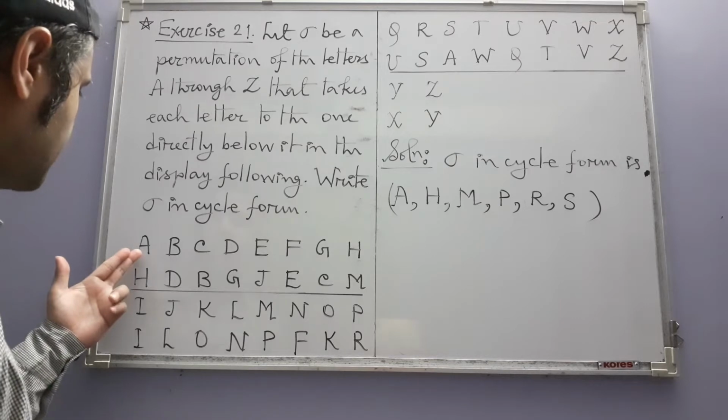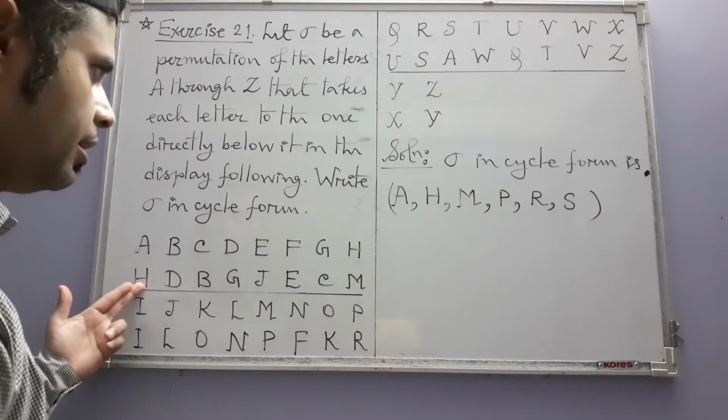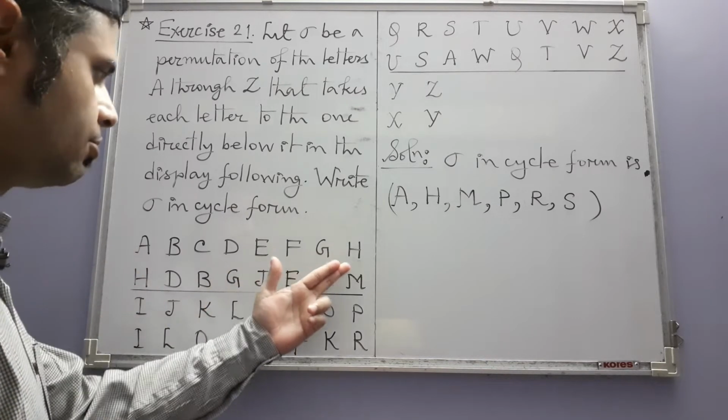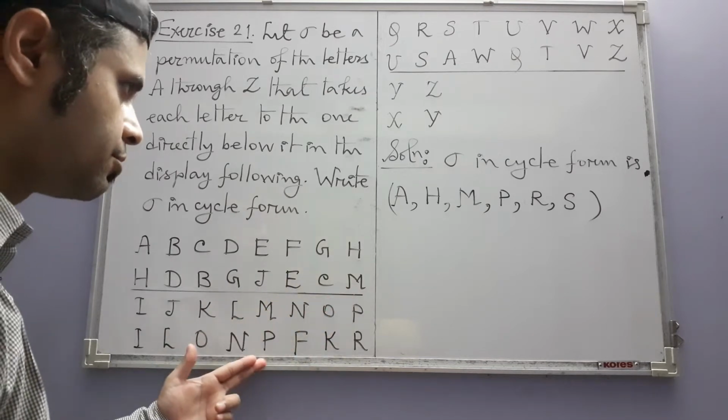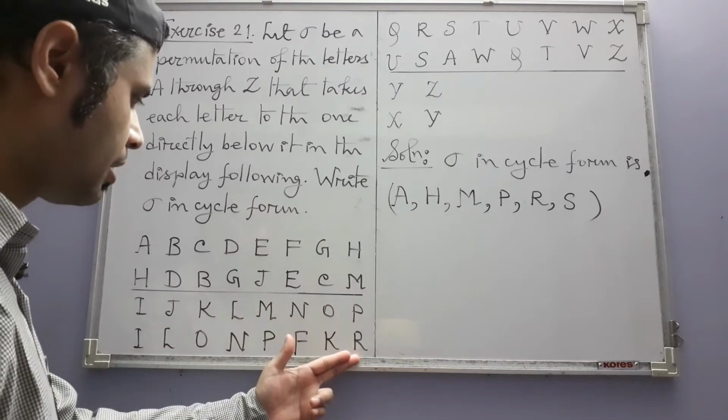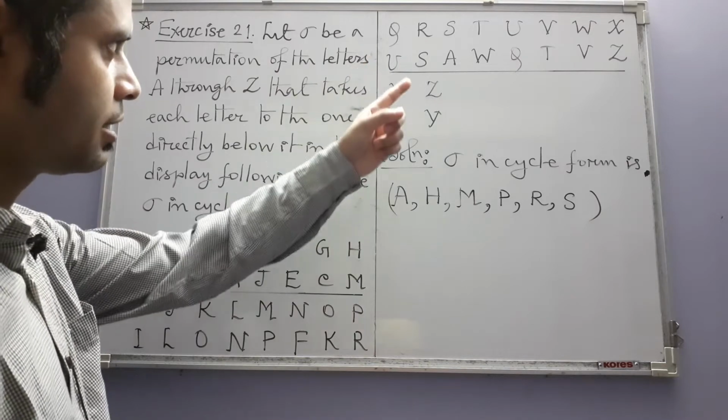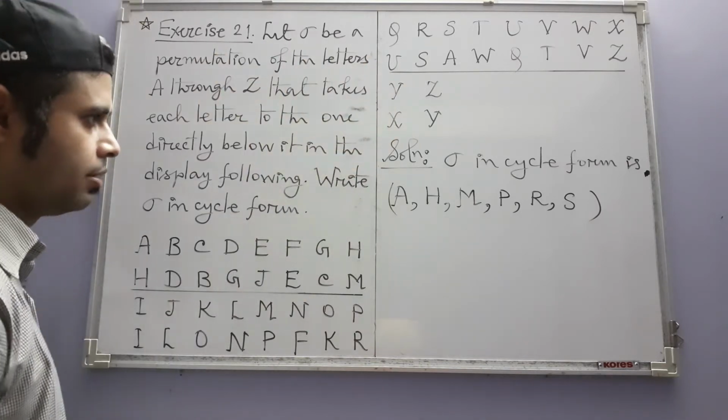Let me just see once more. A goes to H, H goes to M, M goes to P, P goes to R, R goes to S, and then S again comes back to A.